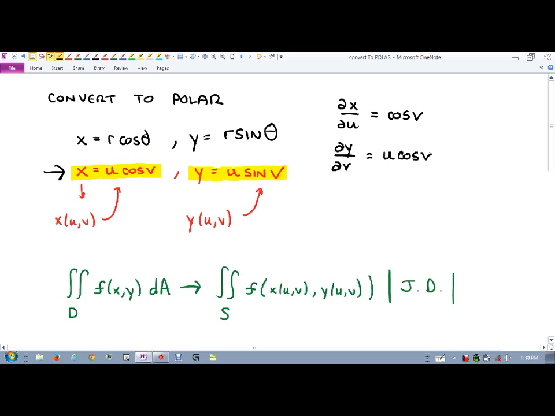And then I'm going to subtract from that partial x with respect to v, which is negative u sine v, and then I'll do partial y with respect to u, which is sine v.